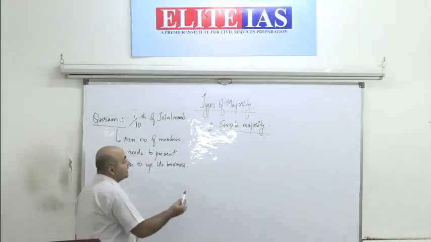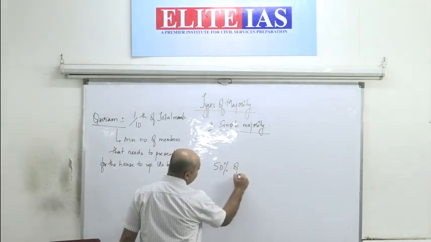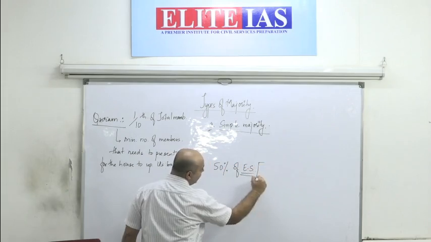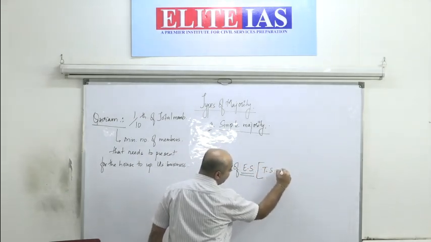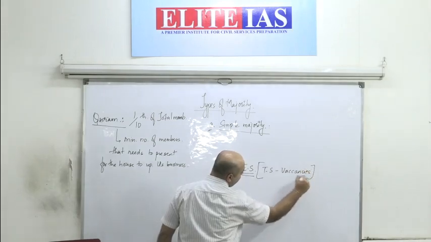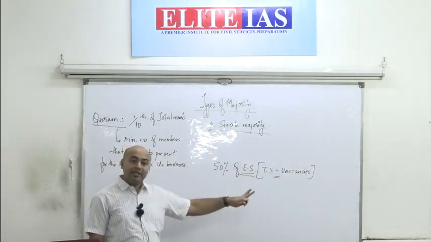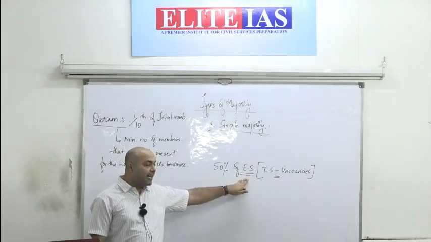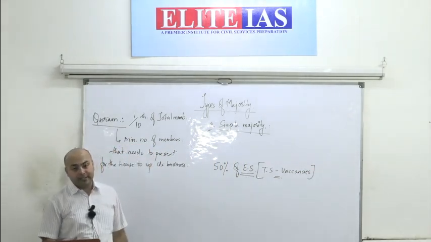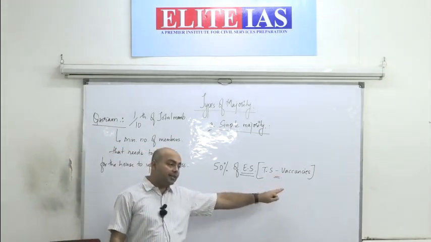Total strength minus vacancies. This is what is meant by effective majority. So you would find effective strength and total strength may be different. At certain points it may be different, like total strength minus vacancies.